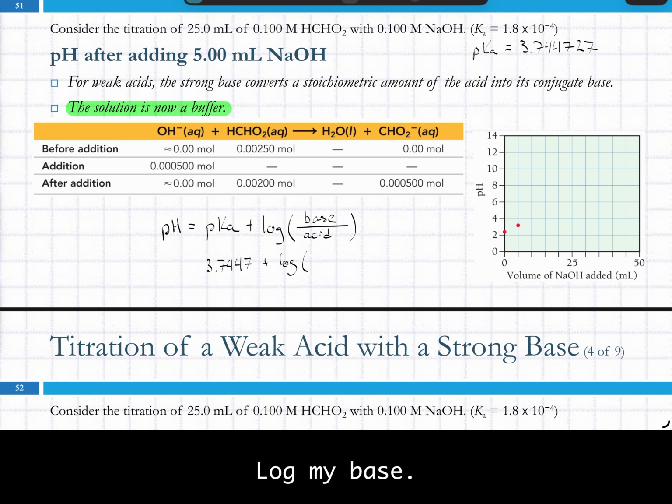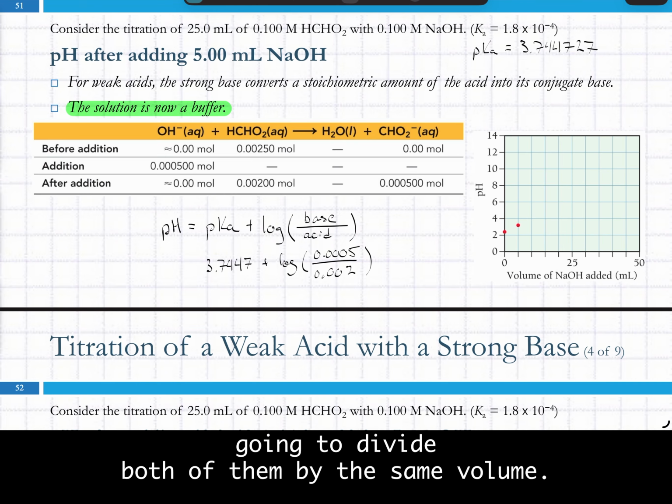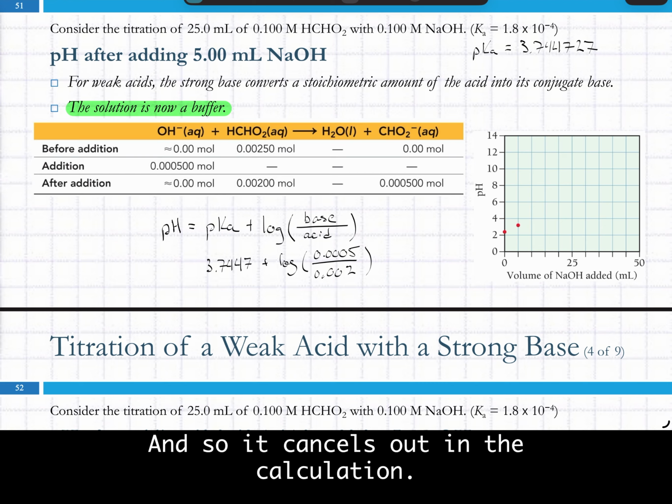Log of my base over the acid. Because if I do calculate the molarity for both, I'm going to divide both of them by the same volume. And so it cancels out in the calculation.